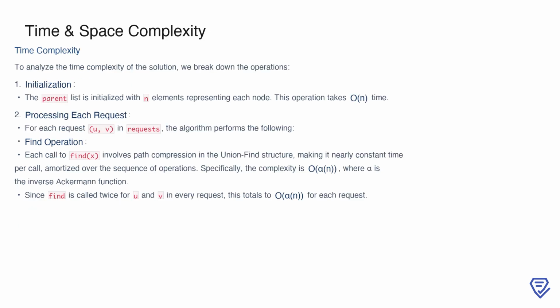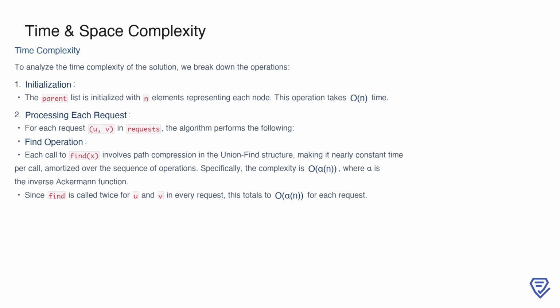To understand the time complexity of this solution, we start by analyzing the initialization step. Here, a parent list is created to represent each node in the union find structure, which takes O(n) time because we initialize an entry for each of the n nodes. Next, we process each friend request, [u, v], in the input list. The first operation for each request is the find operation, which determines the root parent of a node.